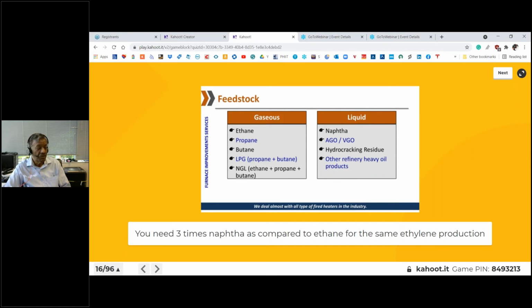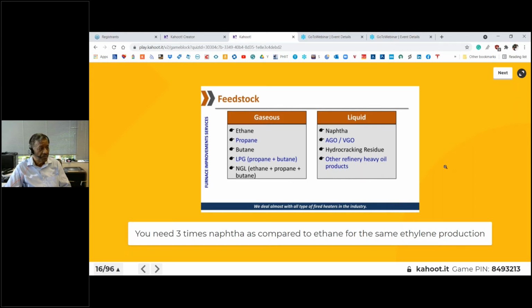Just want to let you know that there is an effort or trend in the industry to use crude and crack the crude straight and get into different products, including ethylene. So they are thinking of even cracking crude directly.